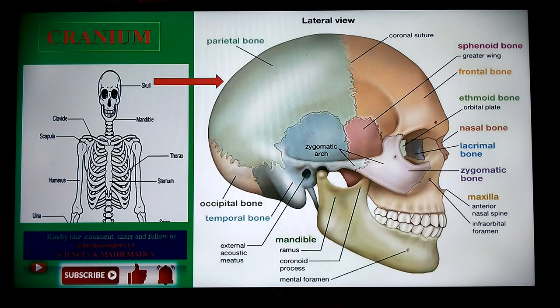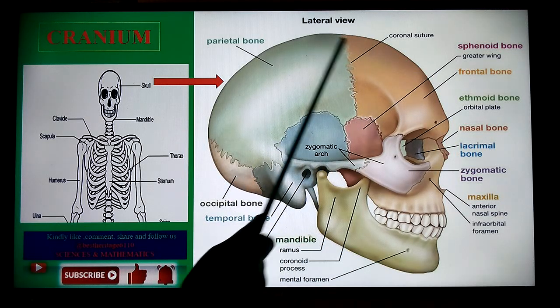Now, there is a range of bones that will help us identify these various sutures that I've talked about. From this, we see a range of around 8 bones, some on the right and left part of the cranium, appearing in a frontal or lateral view. We have different color codes for this.